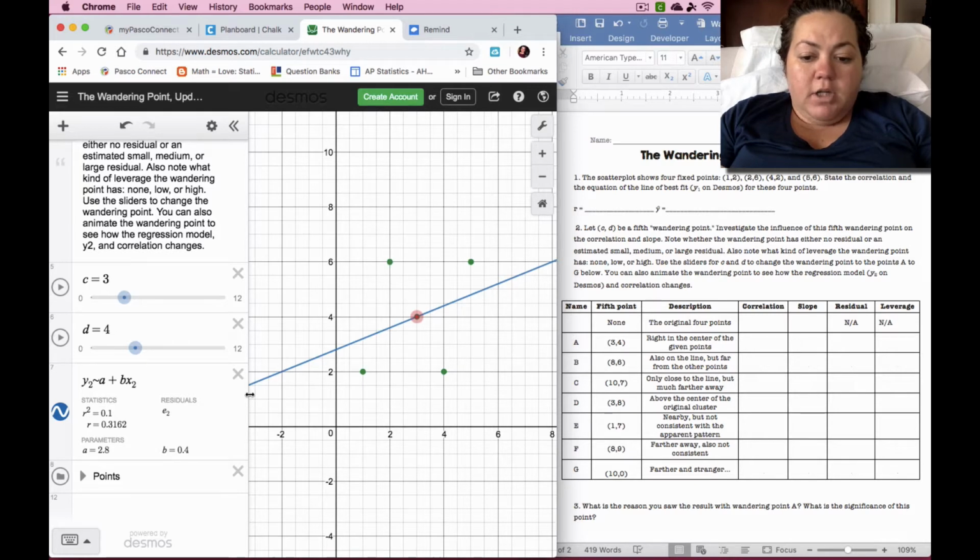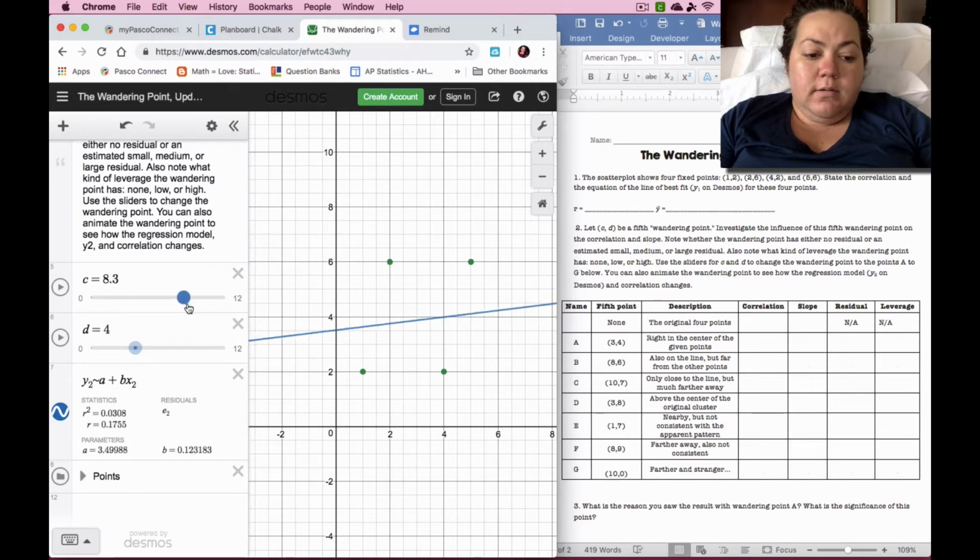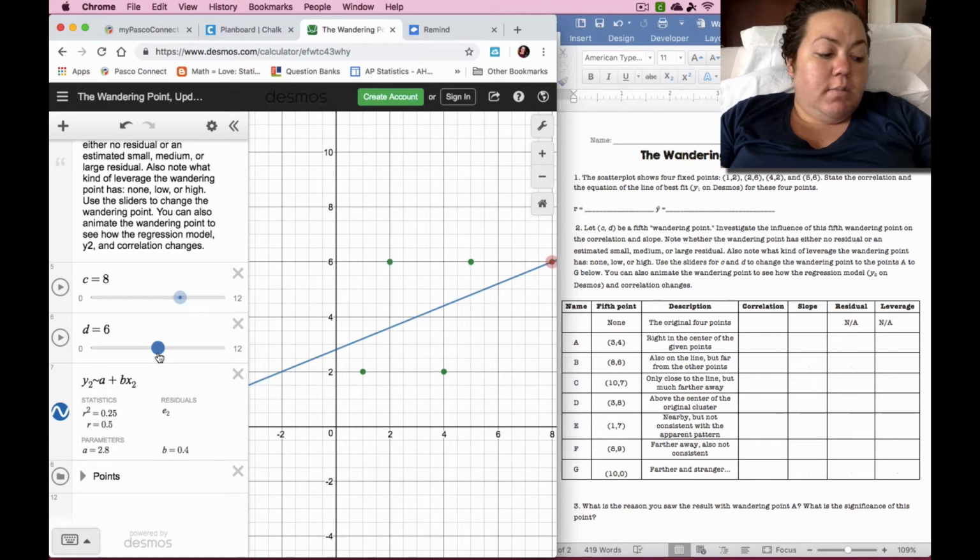All right, so now I'm going to change that 5th point to be (8, 6). And that changes my correlation to 0.5, so the correlation is a little bit stronger.